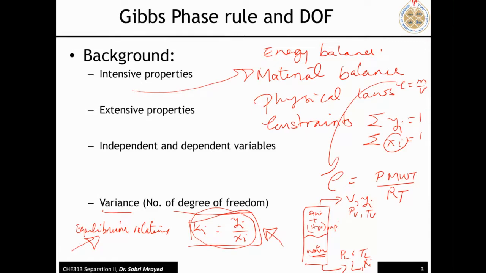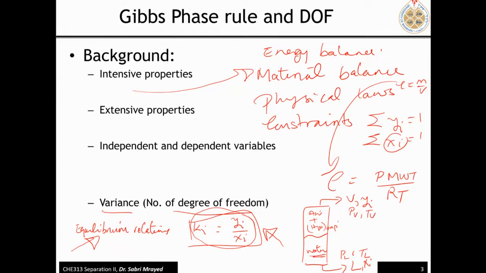In other words, in mathematical words, how many variables you must specify in order to have the number of unknowns equal the number of independent equations, regardless of how you generate these equations. Okay, so the variance or the number of degrees of freedom is the number that we must specify in order to solve the problem.